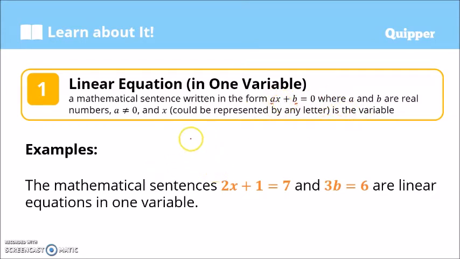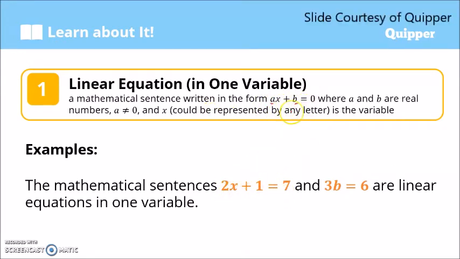Examples of linear equations: we have 2x plus 1 equals 7. Note here that our a is 2 and here is our b. In a linear equation, the a and the b are constants. They are real numbers.